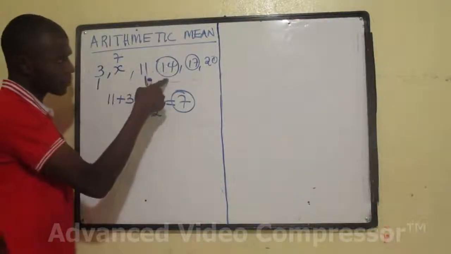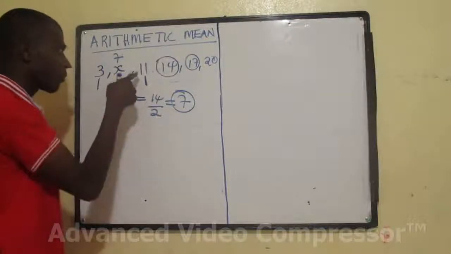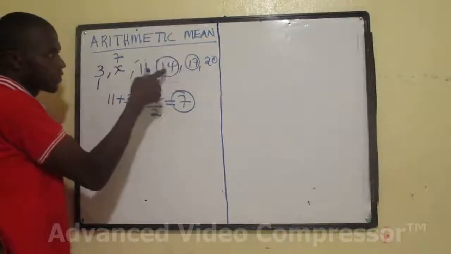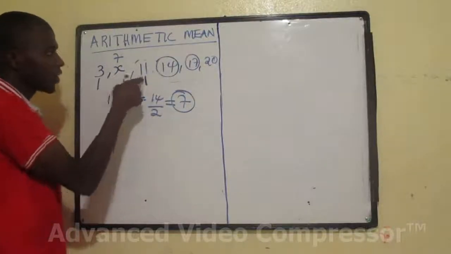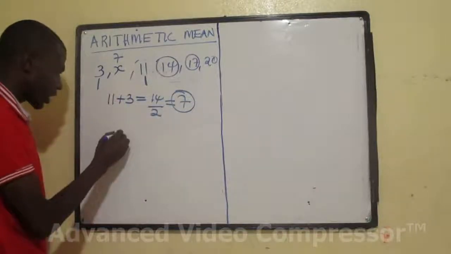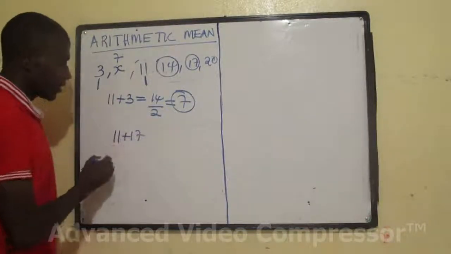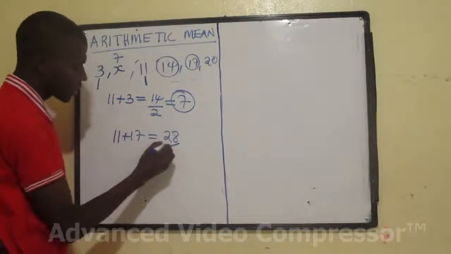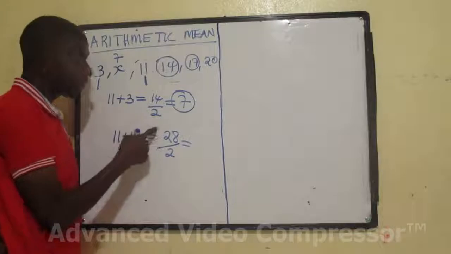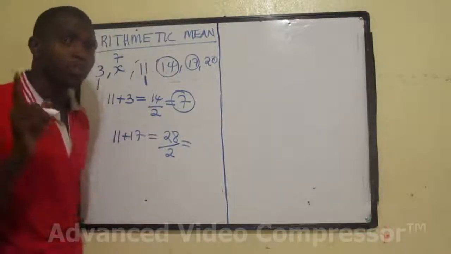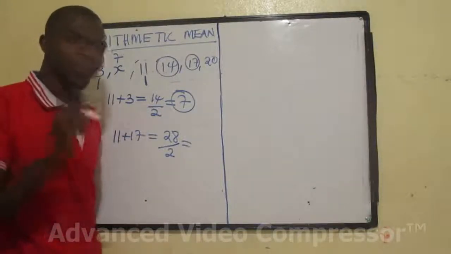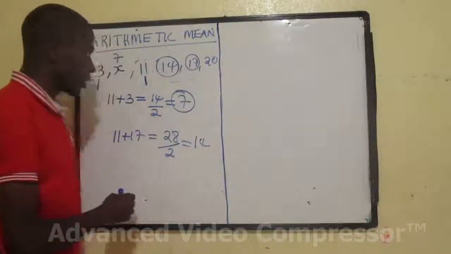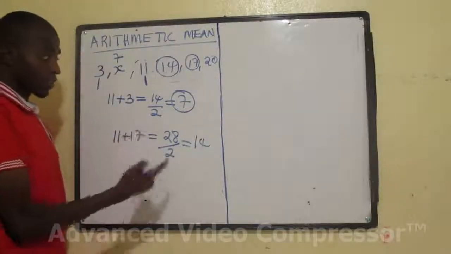The number in between here is 14, the arithmetic mean of 11 and 17. So 11 plus 17 is 28. Then I divide 28 by 2, and the answer is 14. It gives us the correct thing.